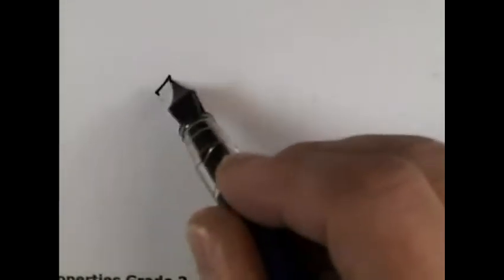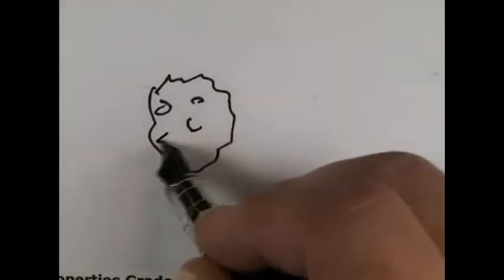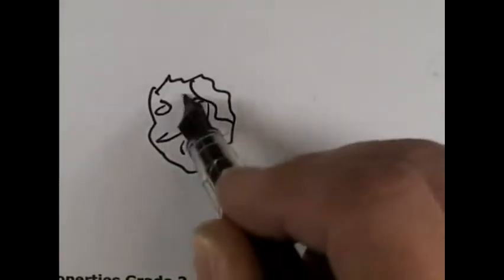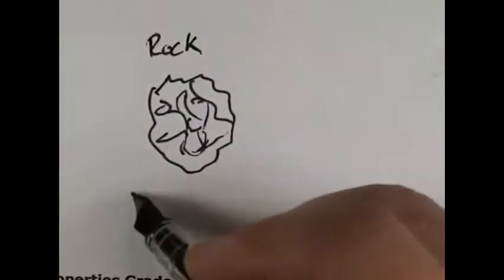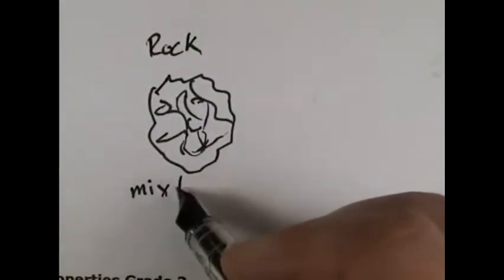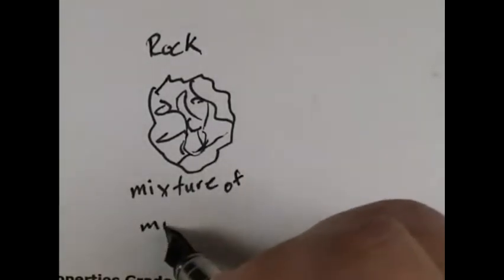Let me show you what I mean. Okay, so here's our rock. And it's got all these different things in it. And so a rock is a mixture of minerals.